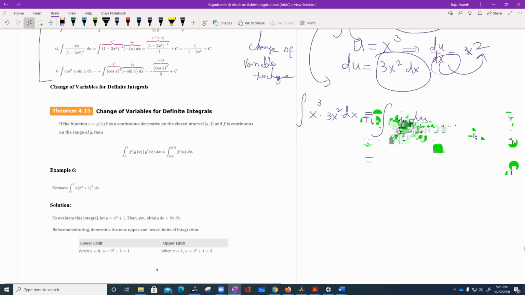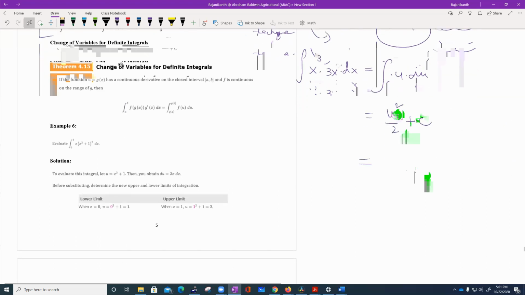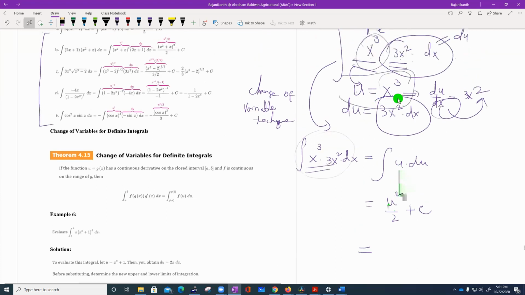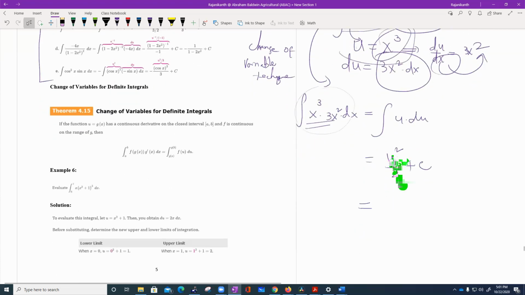In a similar way, the antiderivative of u is u squared over 2 plus a constant. But again, remember the original problem was in terms of x, so you have to go back and replace u by its original variable. My u was actually x cubed, so I'm replacing u by x cubed. U is x cubed, but I have squared.